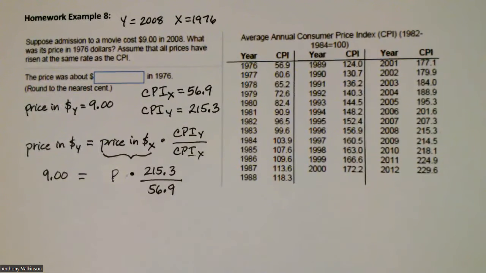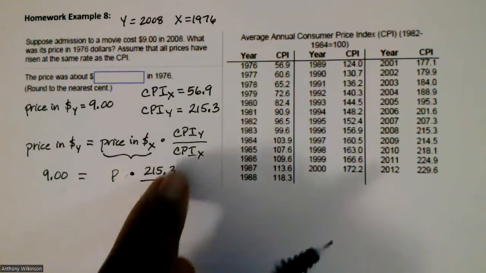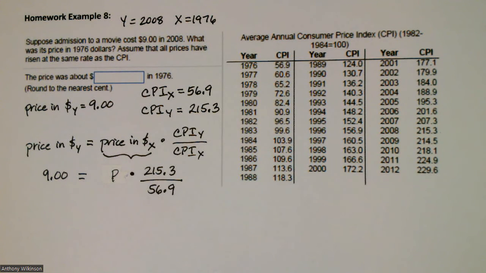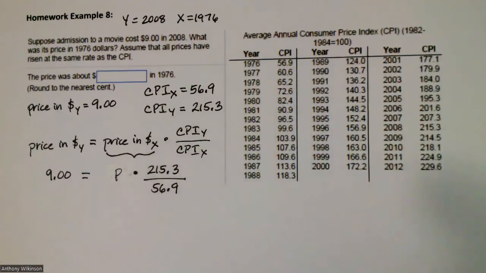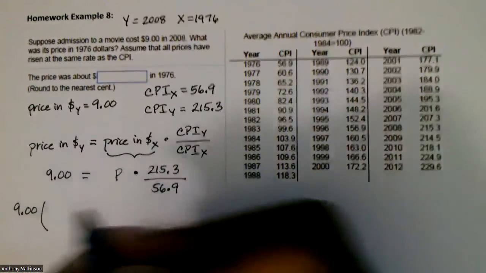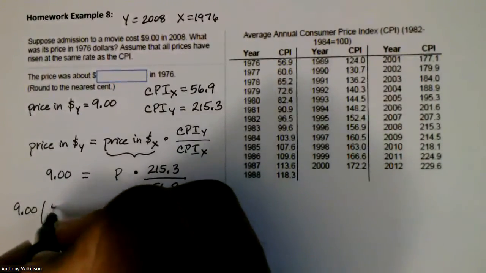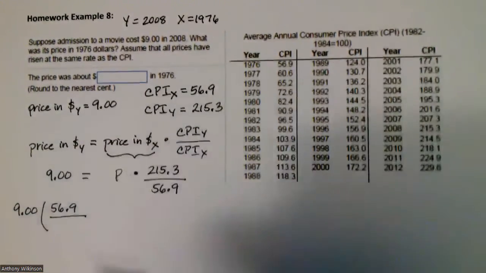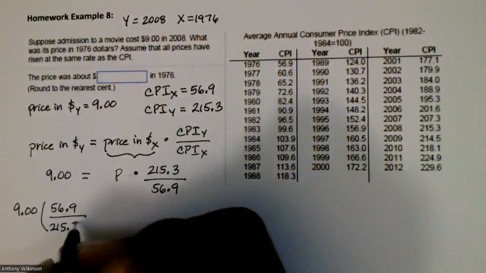Now here I have an equation to find out what P is. I'm going to take the reciprocal of 215.3 over 56.9. Its reciprocal is going to be 56.9 over 215.3. I just invert the fraction. So take the $9 and multiply it by 56.9 over 215.3.